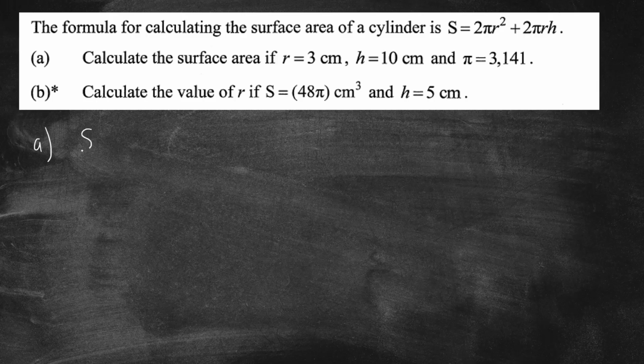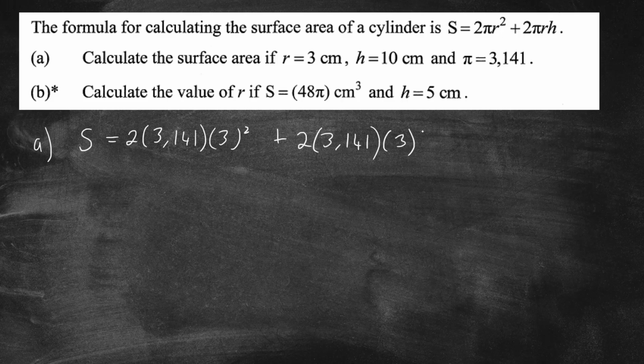So if we have S equals 2, and then replace pi's value 3.141, and then replace the radius 3 squared, plus 2 times pi 3.141, times r 3, and then the height 10. Okay, and then basically we can just type all of this in the calculator and find the answer.